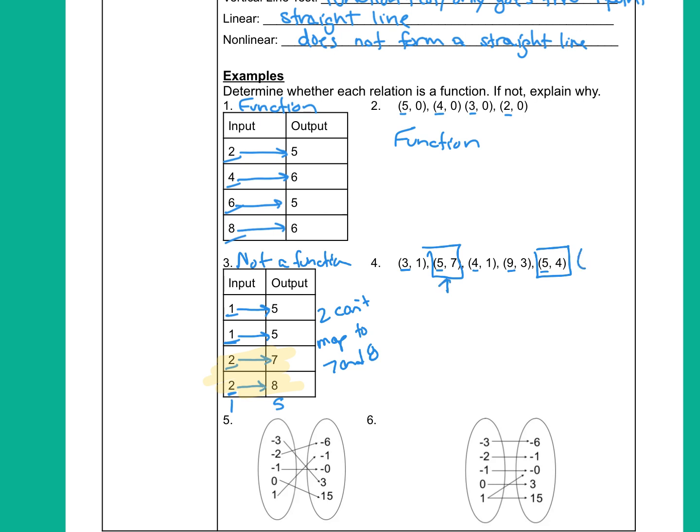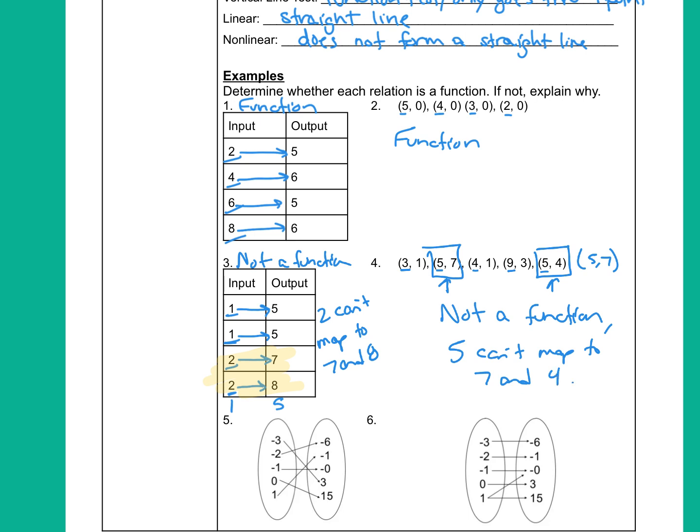So if I add another 5 in this list, it has to go to 7. But then I look at the second one and I see that it goes to 4. So that makes it not a function, because 5 can't map to 7 and 4.